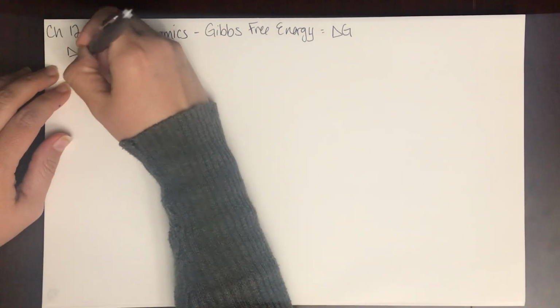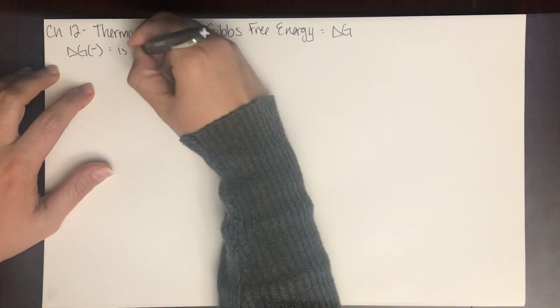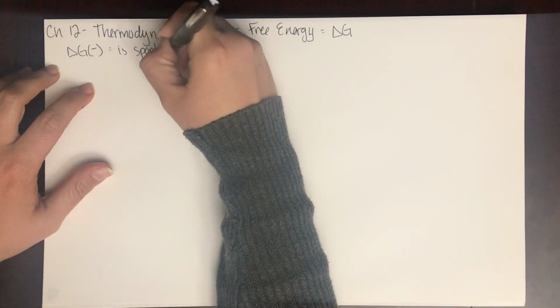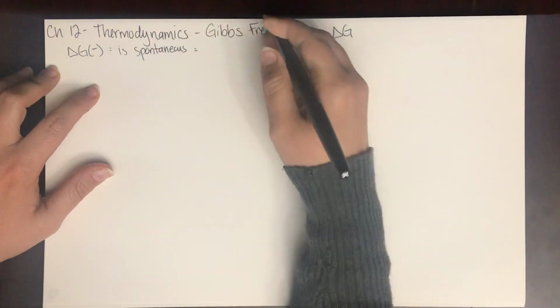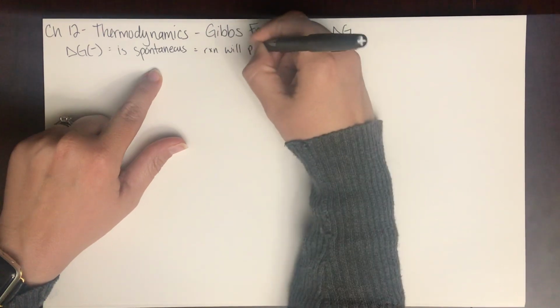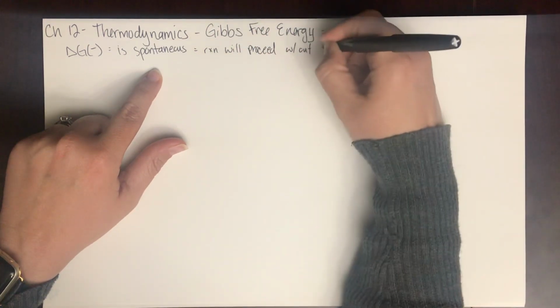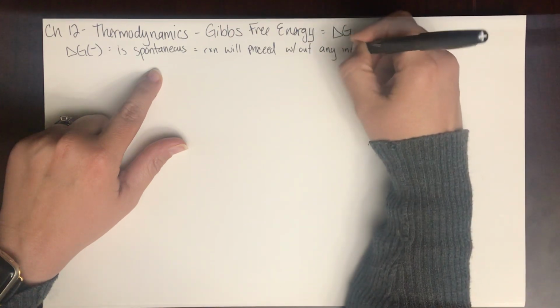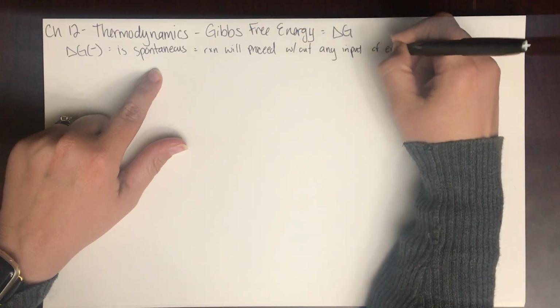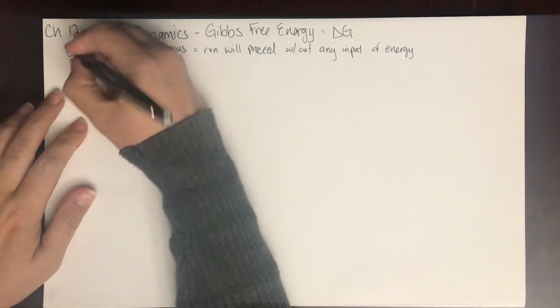If delta G is a negative number, that means the reaction is spontaneous. And what spontaneous means is that this reaction will proceed without any input of energy. It's spontaneous. It will happen by itself.